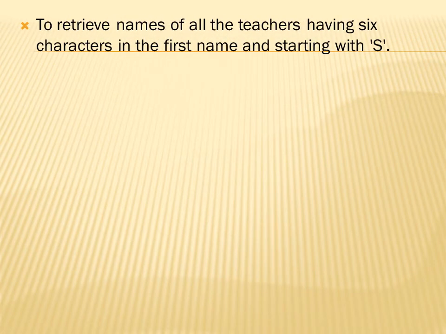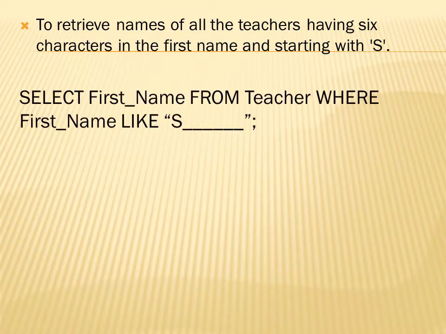Next, to retrieve the names of all teachers having 6 characters, and first name also should start with the letter S. Okay, it has two conditions here. The first condition, it should start with the letter S, also it should have 6 characters. So what will be the command? Select first name from teacher where first name like, and it should start with the letter S. So S will be the first letter and 6 characters, so you will have to put 6 blanks.